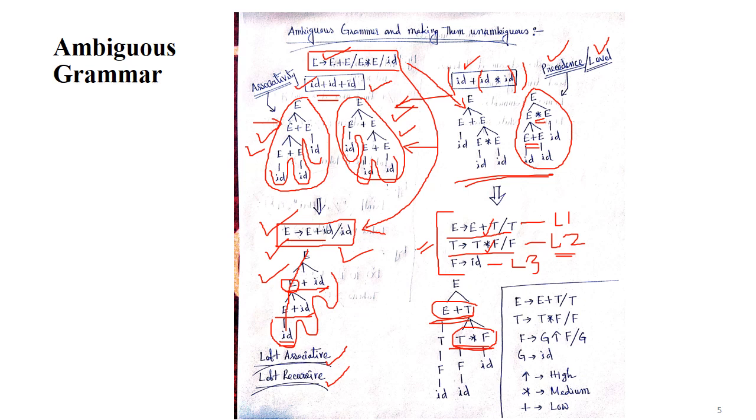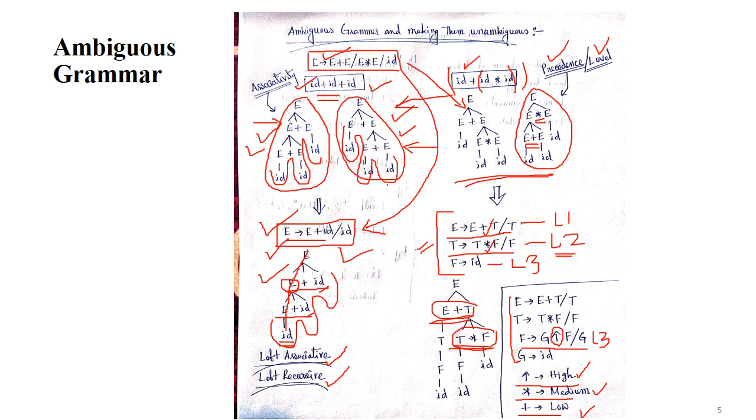Take one more example. In this case, this is my grammar, and I have power of operator, multiplication, and then addition. And you can see here the power of operator has the highest precedence, then medium precedence for multiplication, and the addition operation has the lowest precedence. Now you can see in this case level 3 contains the power of operator.